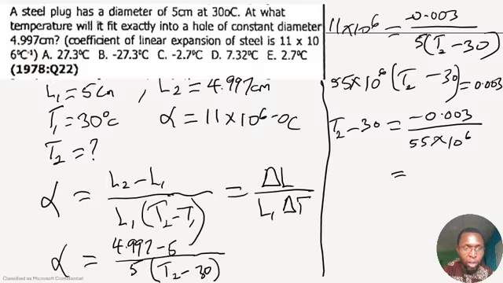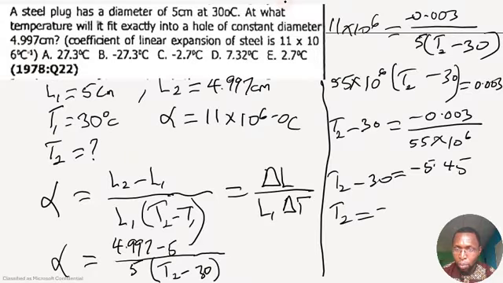So that's giving us 5.45 approximately. So at the right hand side we have minus 5.45, and on the left hand we have T2 minus 30. Now T2 will be equal to minus 5.45 plus 30, or we say 30 minus 5.45.